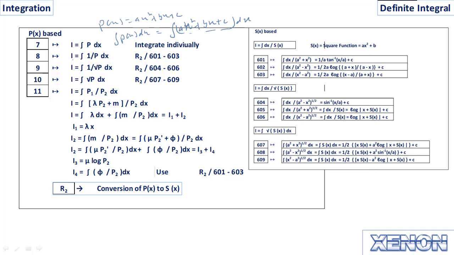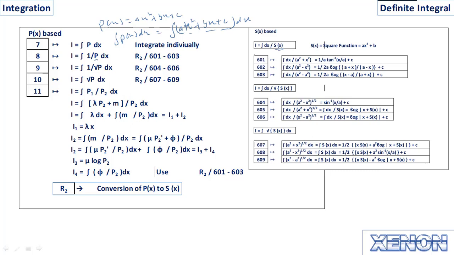When we are having integration of the form of 1 upon p dx, right? Actually, here we will convert px to the form of sx, and then we will integrate this form dx upon sx.